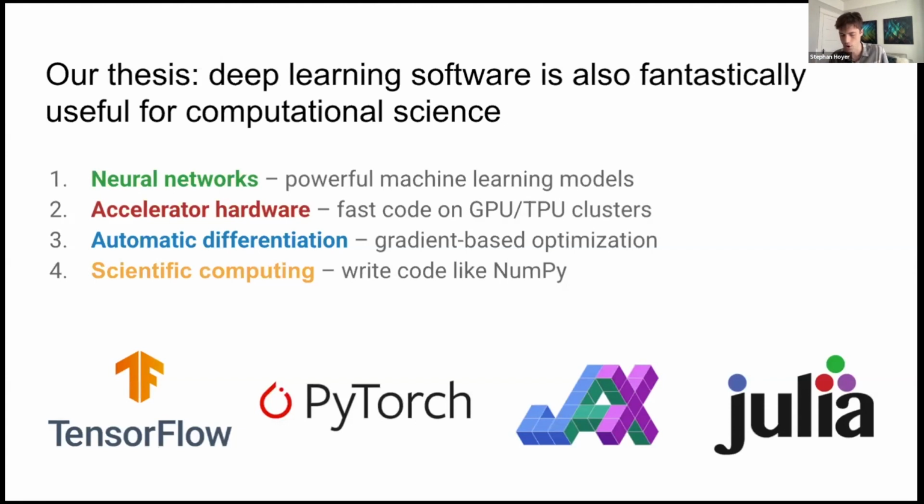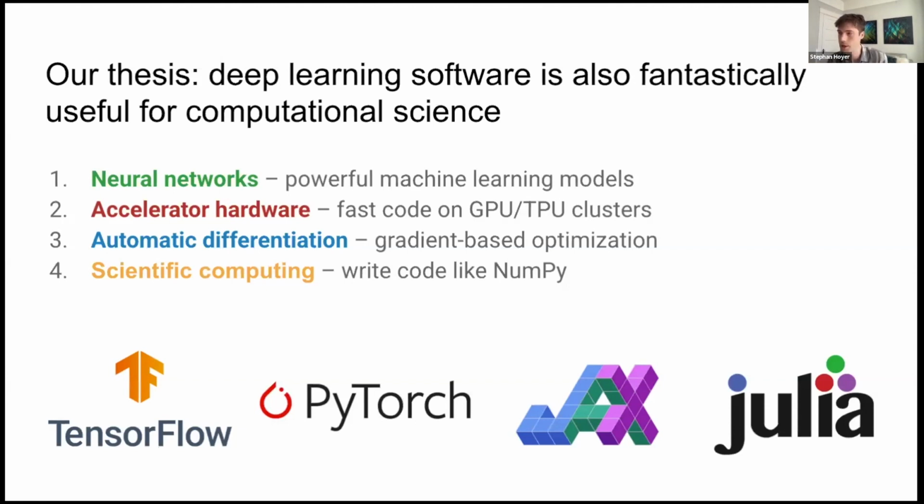So I think there are maybe four key ingredients in deep learning software. First, we have the ability to build neural network models, which are really powerful machine learning models. You can do all sorts of crazy things, like understanding language or pictures, but also any sort of complex signals. Very flexible machine learning tools.